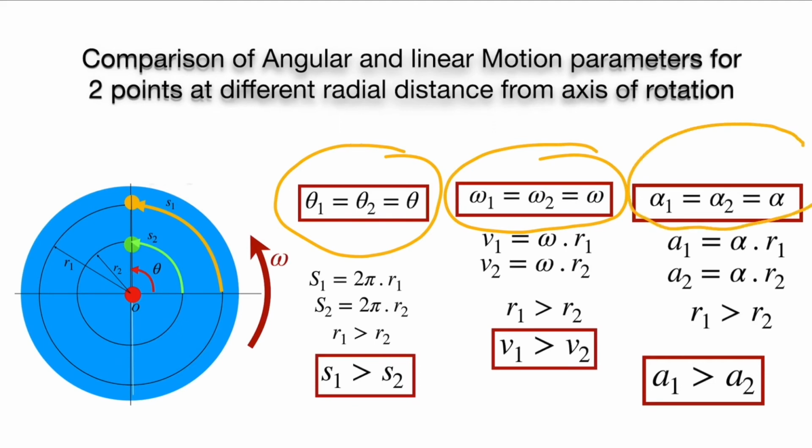But what about their corresponding linear physical quantities, like the linear distance or displacement covered, or the linear speed or velocity or acceleration? All of these three linear quantities depend on the radial distance of that particle from the axis of rotation. More the distance, more the value.